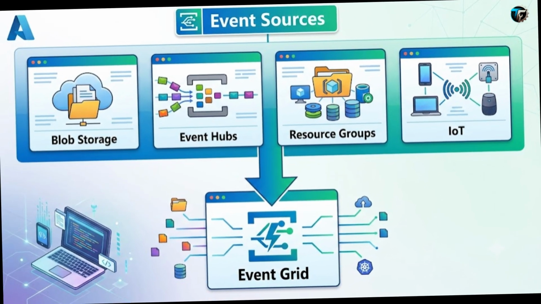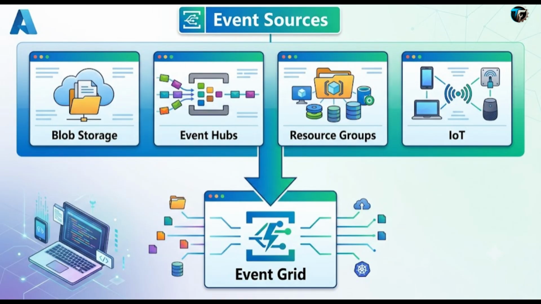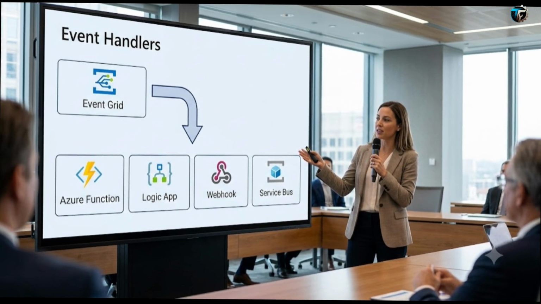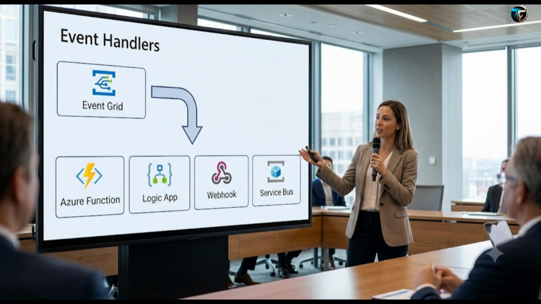Azure Event Grid receives events from many Azure services: storage accounts, virtual machines, resource groups, Azure Kubernetes Service, IoT Hub, and many more. Once Event Grid receives an event, it immediately delivers it to one or more event handlers. These could be Azure Functions, Logic Apps, Webhooks, or even Azure Service Bus.